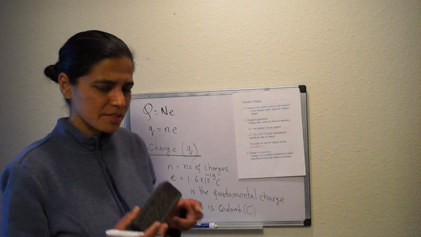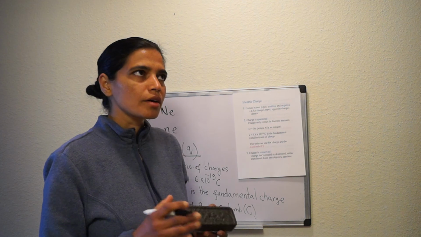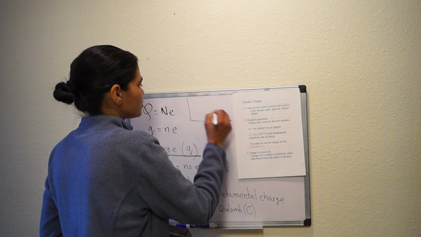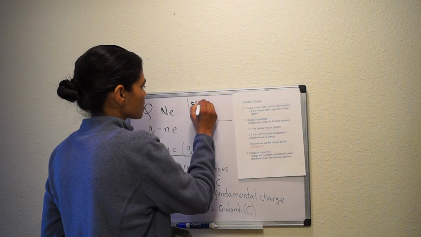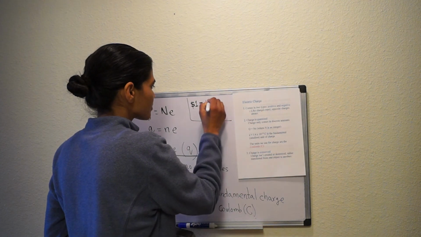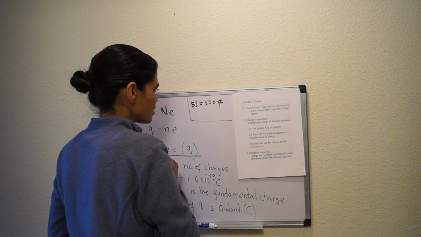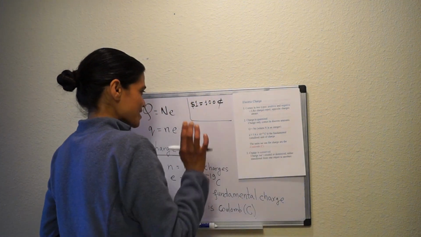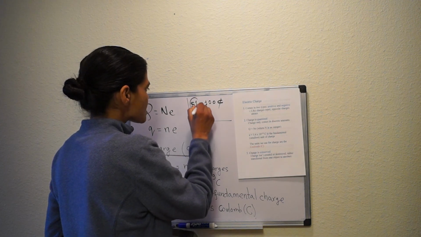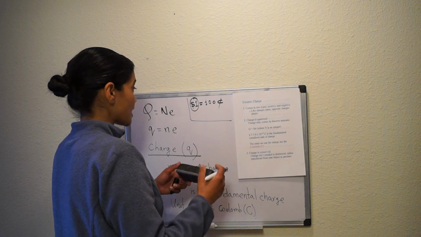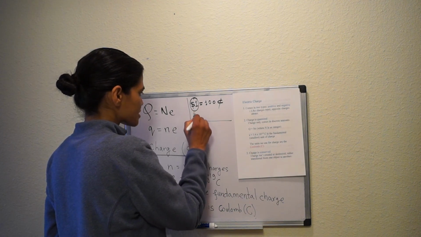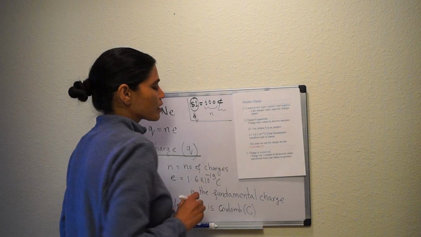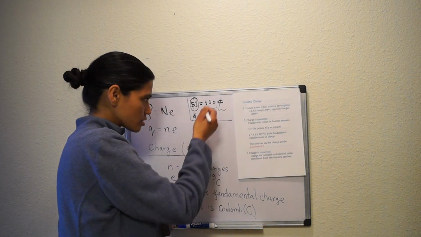So you may wonder what that means, but this is not difficult. It is just saying that if I have this object, it has some charge. That total charge would be some number times this value E. That's like saying you have a dollar. A dollar is equal to 100 cents. So to make a dollar, that's like some charge Q. You have to have 100, that's like our N, and you need some fundamental unit of money, which for the US dollar is the cent.